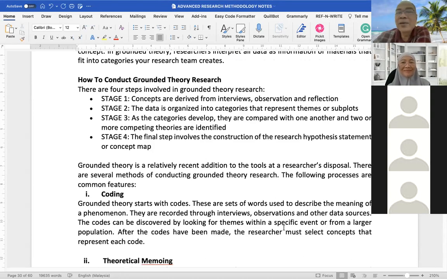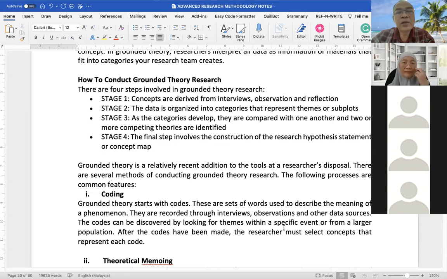How to conduct grounded theory research? There are 4 steps involved in grounded theory research. Stage 1 is concepts. Concepts are derived from interviews, observation, and reflection. So after collecting the data, the researchers will need to formulate the concepts based on the data gathered, using interviews, observation, and reflection.